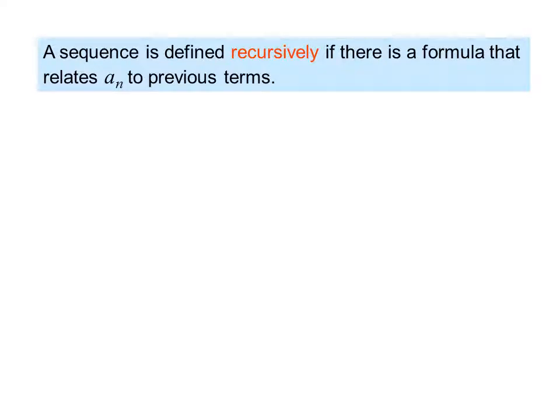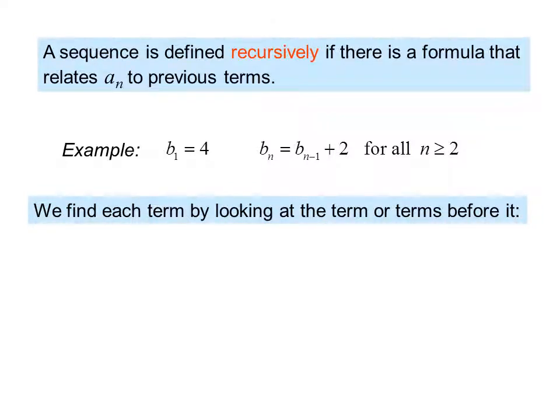A sequence is defined recursively if there is a formula that relates a sub n to previous terms. For example, given b sub 1 is 4, and b sub n equals b sub n minus 1 plus 2 for all n greater than or equal to 2, we find each term by looking at the term or terms before it.